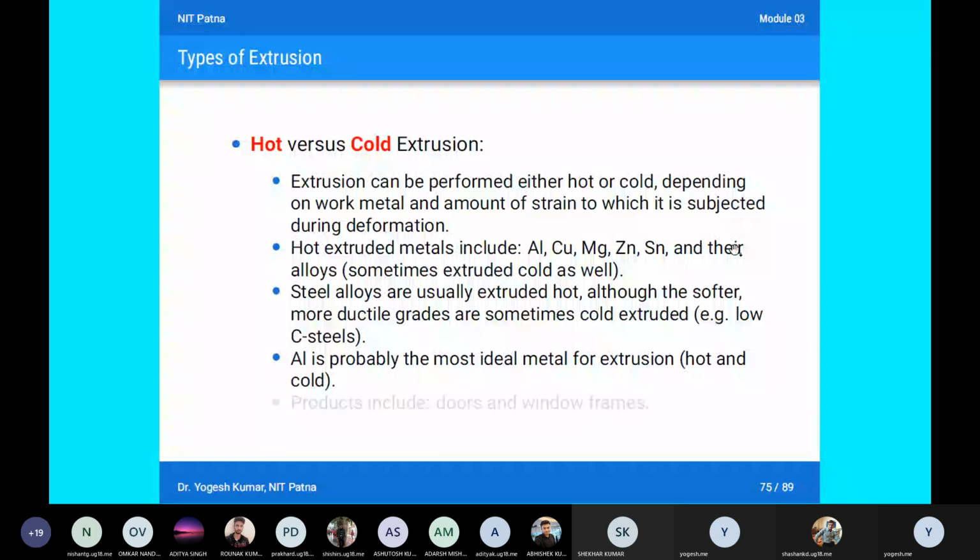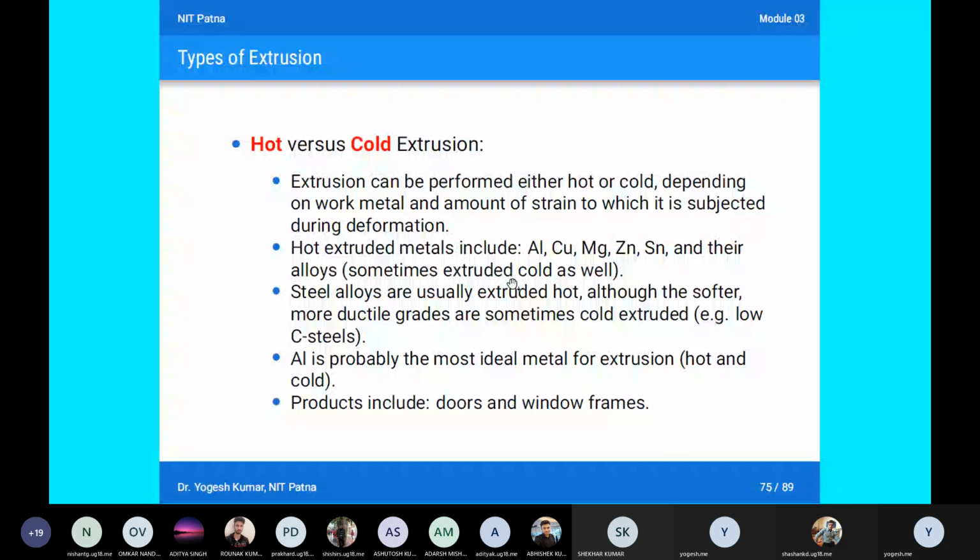So under hot extrusion processes, the force requirement is low as compared to cold extrusion processes, and there are some other advantages associated with hot extrusion as well. These you can read; I will move a bit quick.